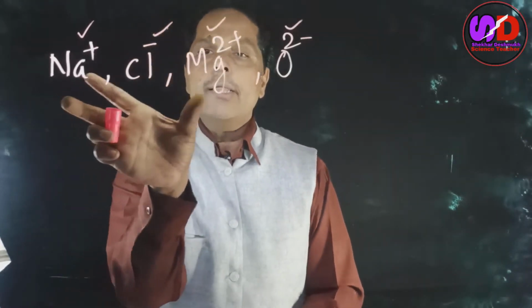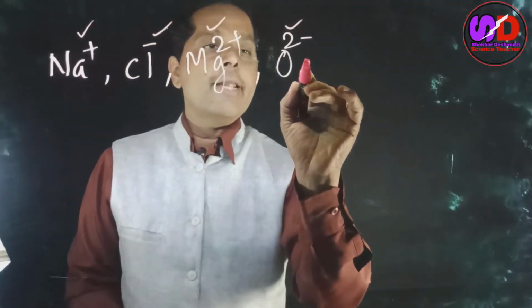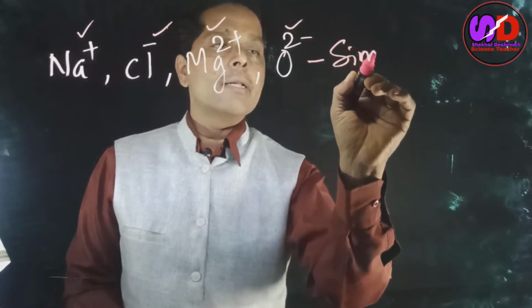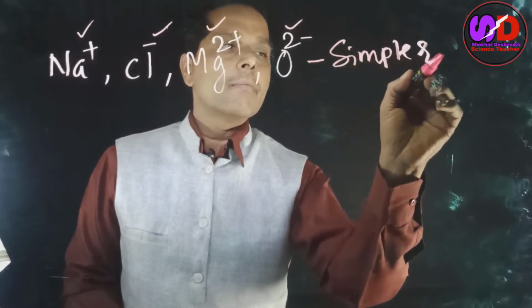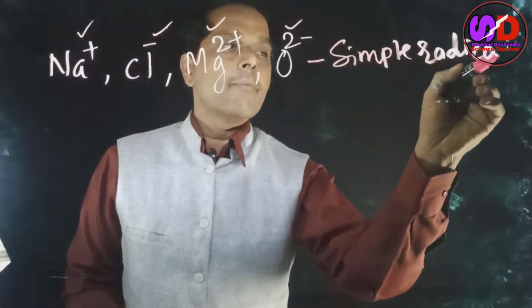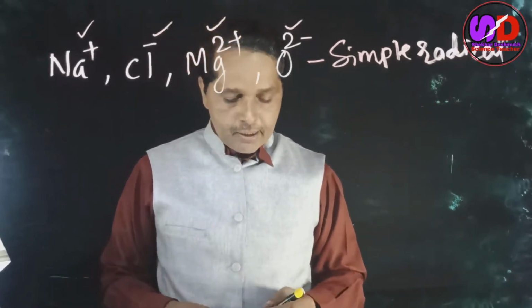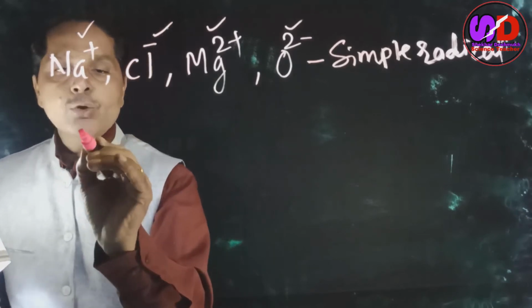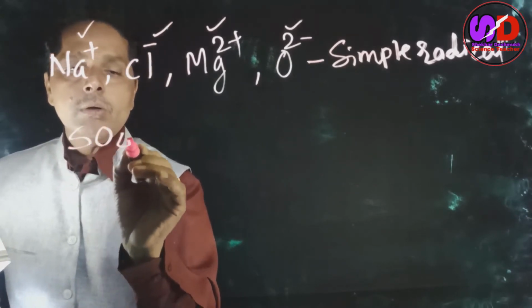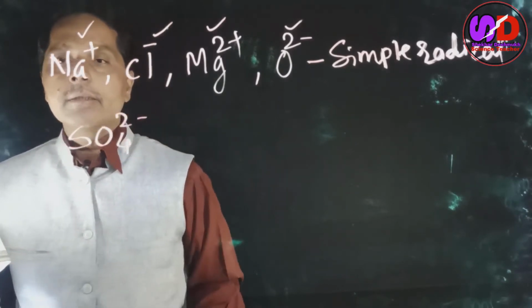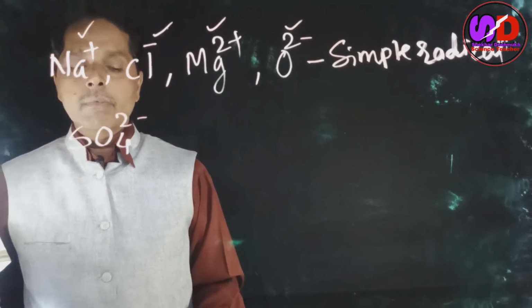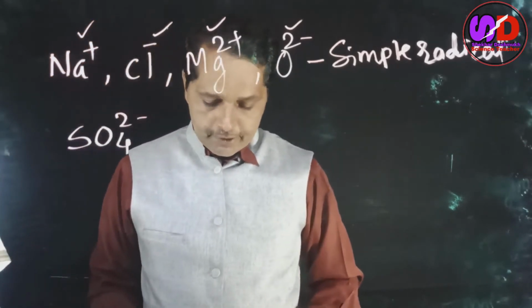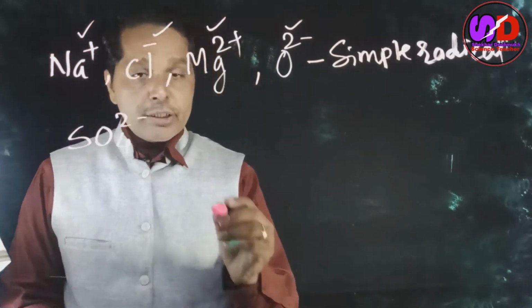But all four are called simple radicals. But SO4 2 minus, or one more example, NO3 minus.